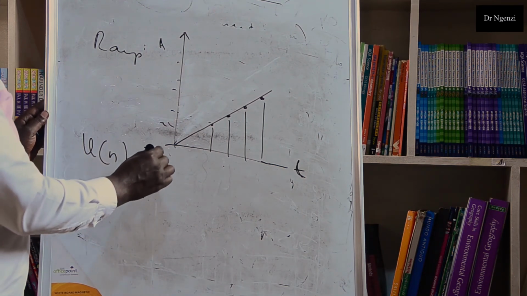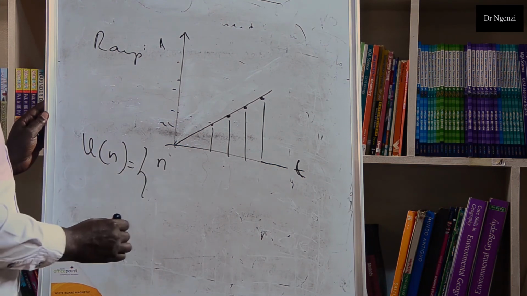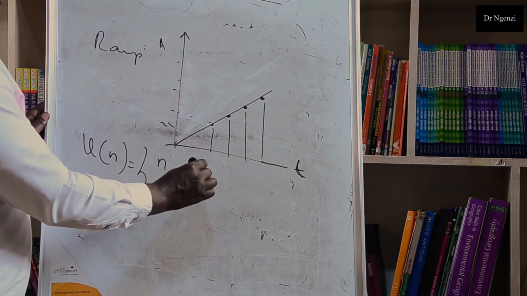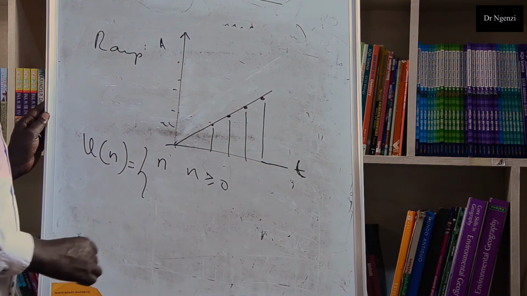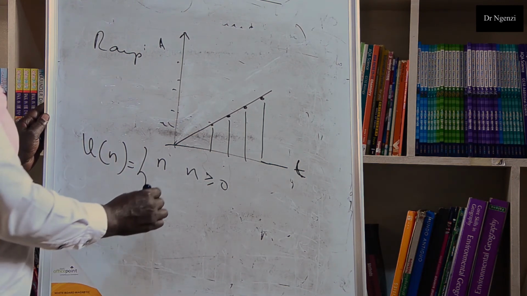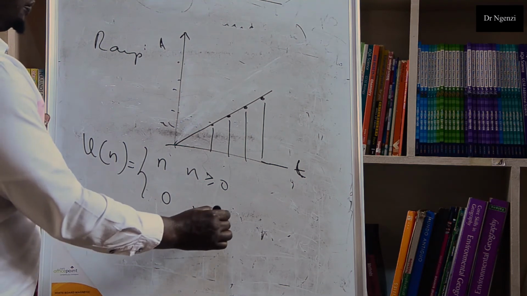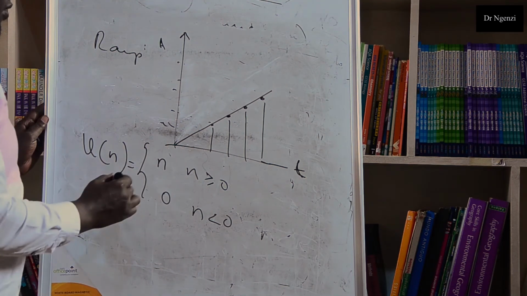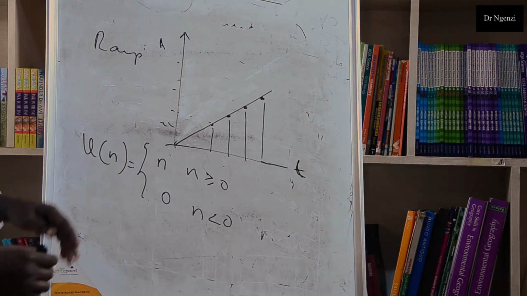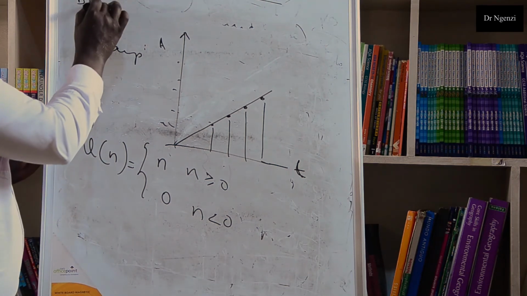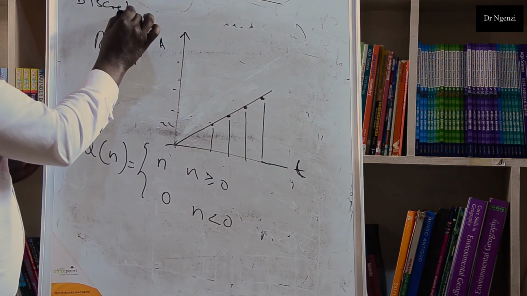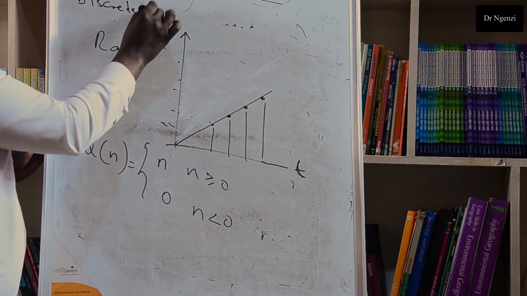The function may be n when n is greater or equal to 0, and 0 when n is less than 0. So this is a functional presentation of a discrete ramp signal.